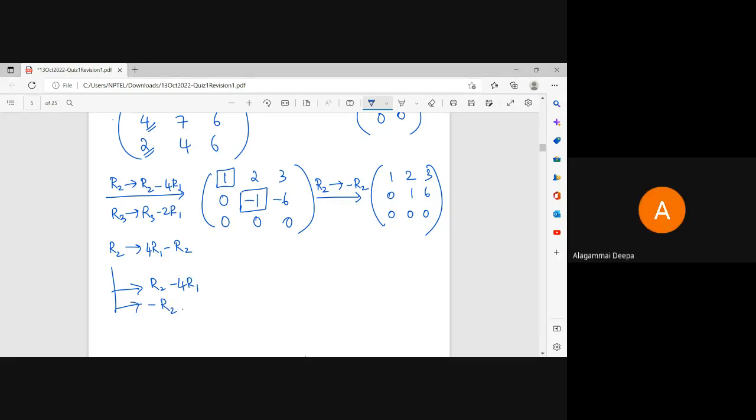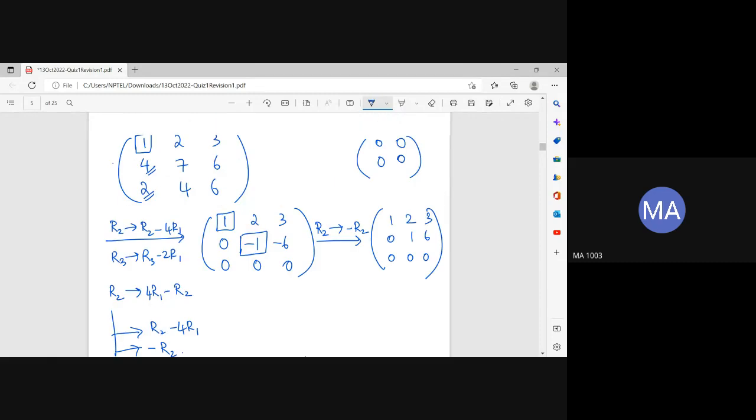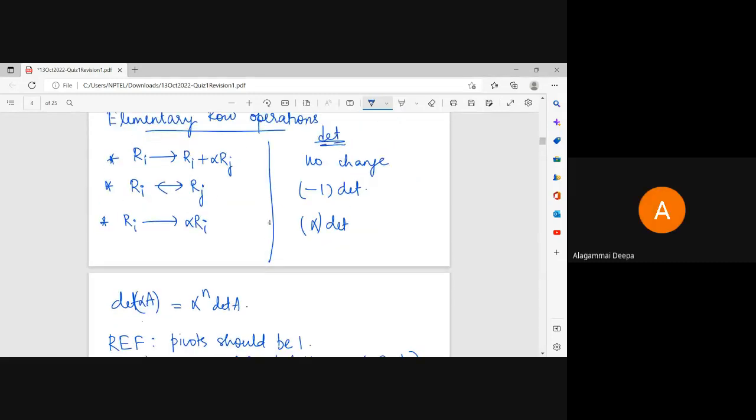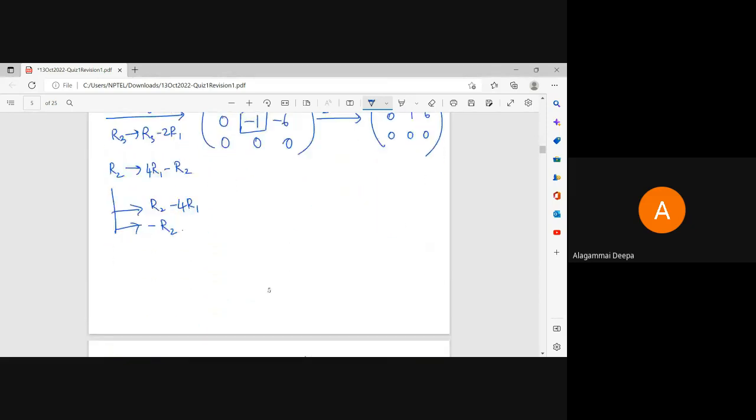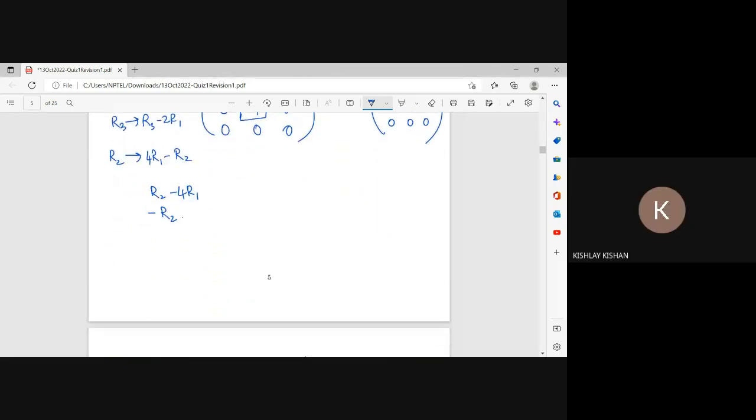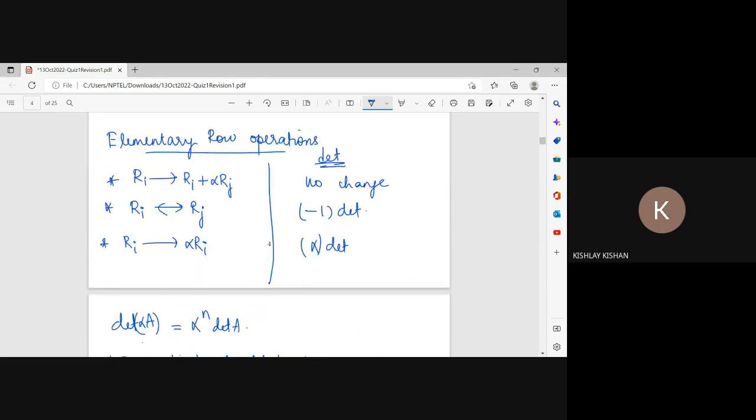We are not allowed to do it in one step like this because it will affect the determinant. The elementary row operation is allowed, but when you do that operation, you are combining 2 elementary row operations.